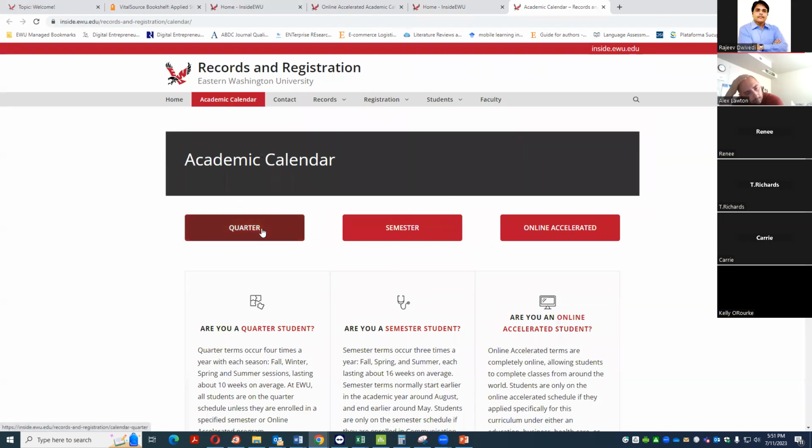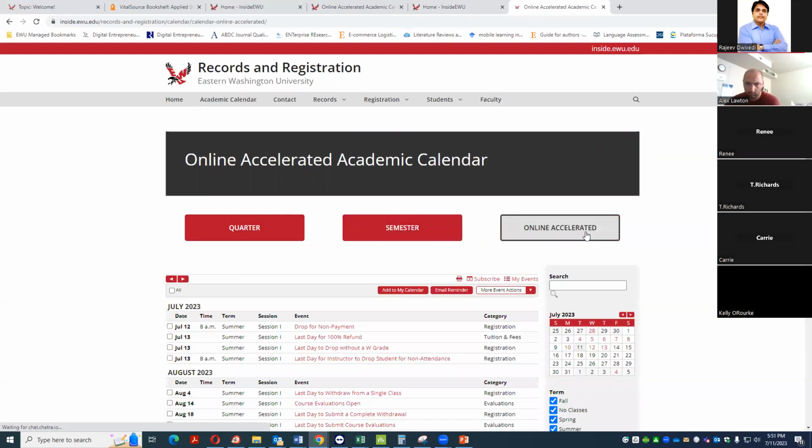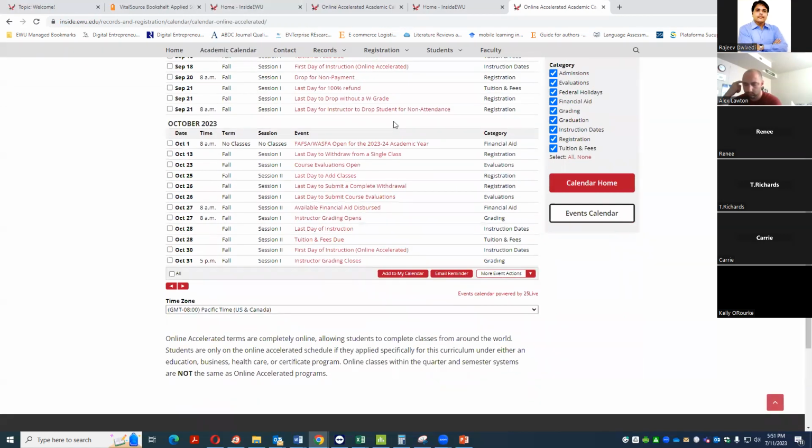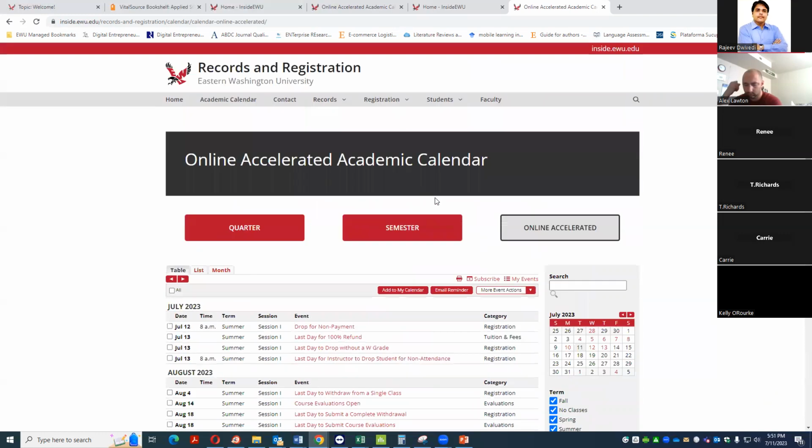They have the regular quarter system, which is what most of the students on campus do. They have a semester system for a few programs, and we have this online accelerated, which is what we are in. So here you need to select online accelerated, which is the 6 weeks that we are doing, and you can see the calendar and everything. Okay, is it clear?